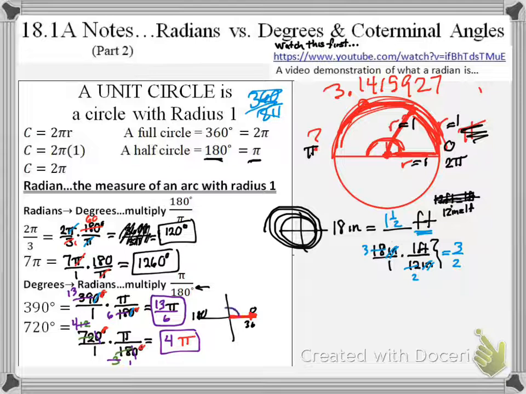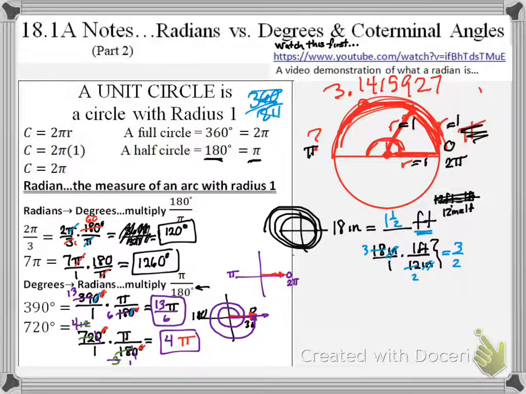Well, if we went full around one time, it's 360 degrees. If we went full around a second time, we'd have 720 degrees. So my starting and my ending ray would be together there. Well, if we're thinking about radians, 0 here, single pi here, back to 2 pi.